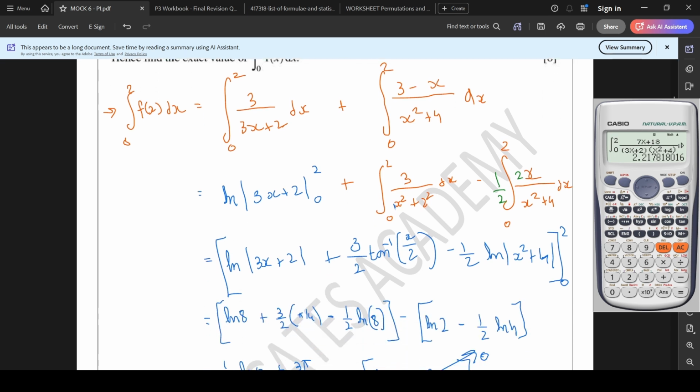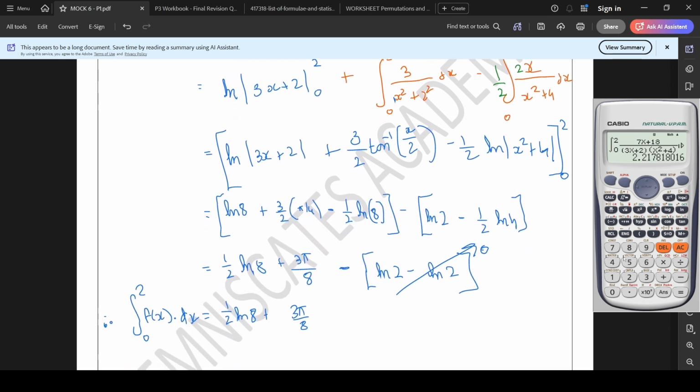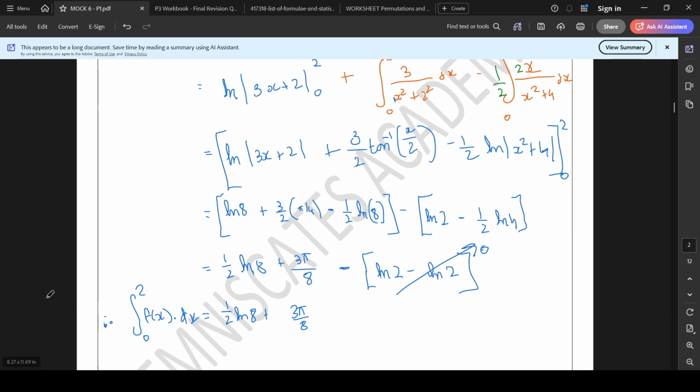We are getting 2.2178. Let's see if it is the same as what we have got. Half ln 8 plus 3 pi over 8. It is 2.2178. So yeah, we can say that both are exactly the same. So we have confirmed our answer is 100% correct.